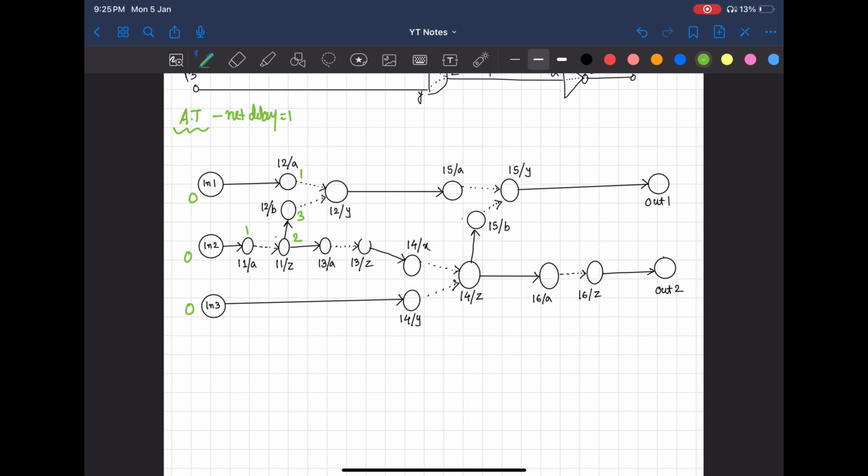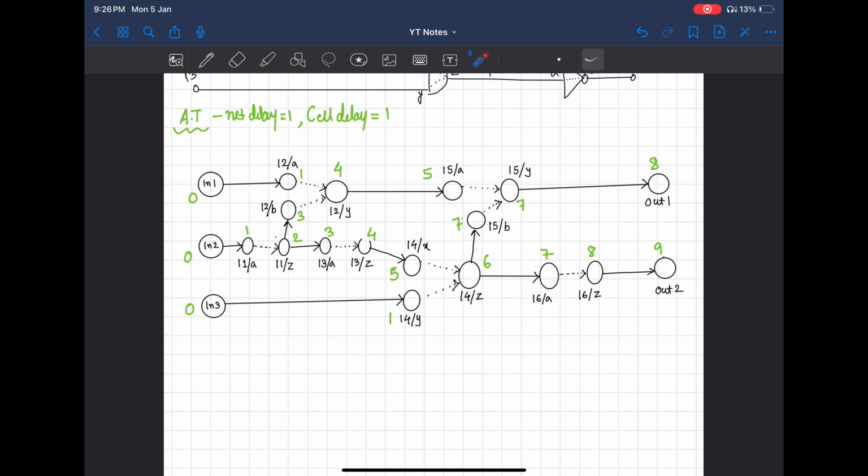Take the cell delay as 1, then you will get 4 here, 5 here, and so on. So from this point to the output point, your arrival times are 8 and 9.